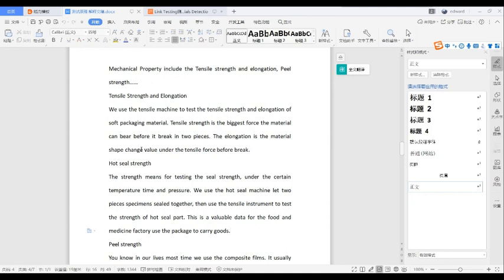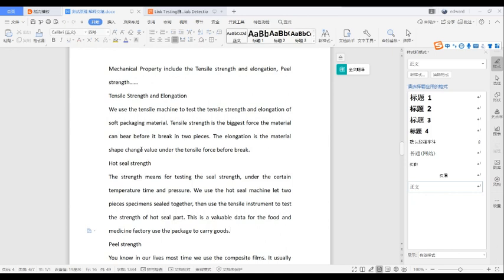That means when we test the sample, we use 2 clamps to carry the sample, and then we pull them, and the shape of the specimen will be changed, and then it will break. At the break part, you will get the force. How much force is the break force? This is the tensile force.